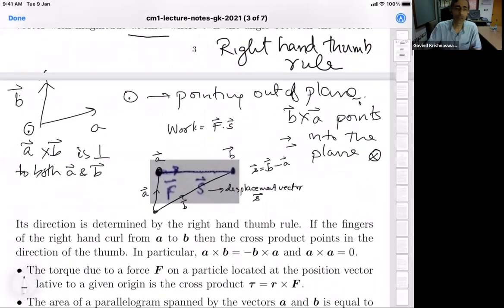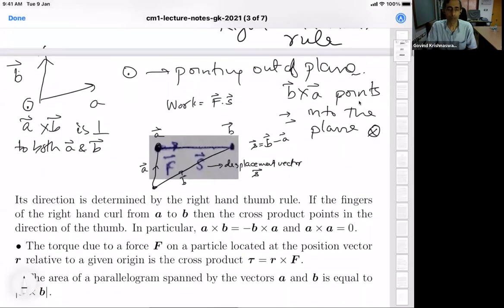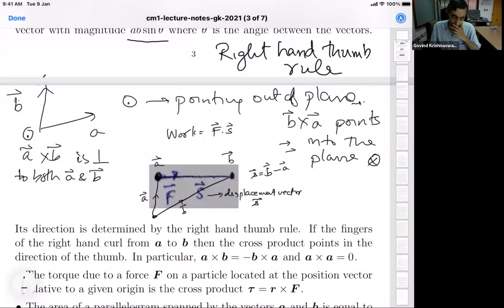Some people prefer the so-called screw rule. We can talk about that another time, but I want you to get used to one rule, and I think the right hand thumb rule is as good as any. So if the fingers of the right hand curl from A to B, then the cross product points in the direction of the thumb. Now, interestingly, let us finish with this observation that the cross product is not commutative.